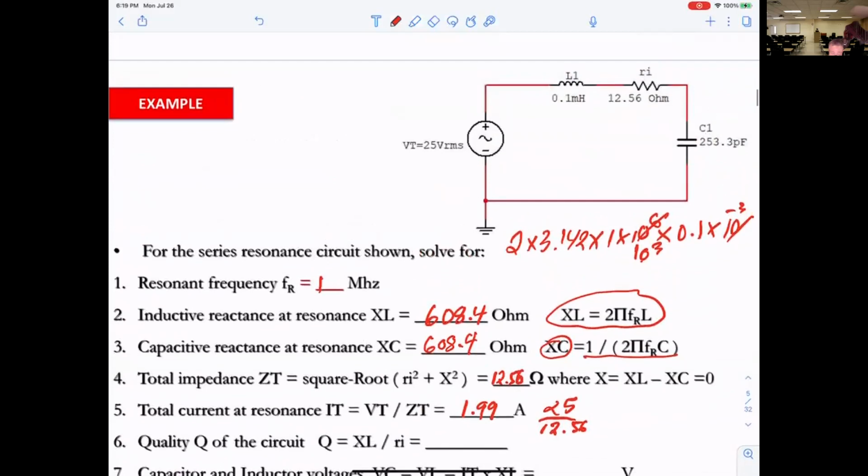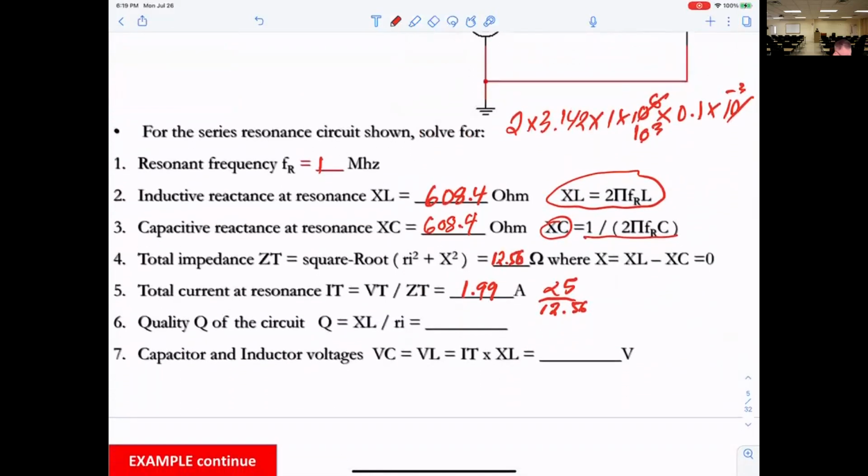Okay, just a minute. So what Q do you get? 48.4.